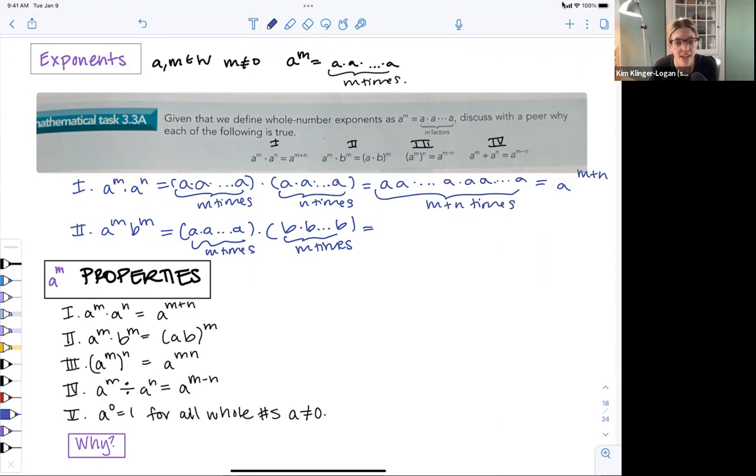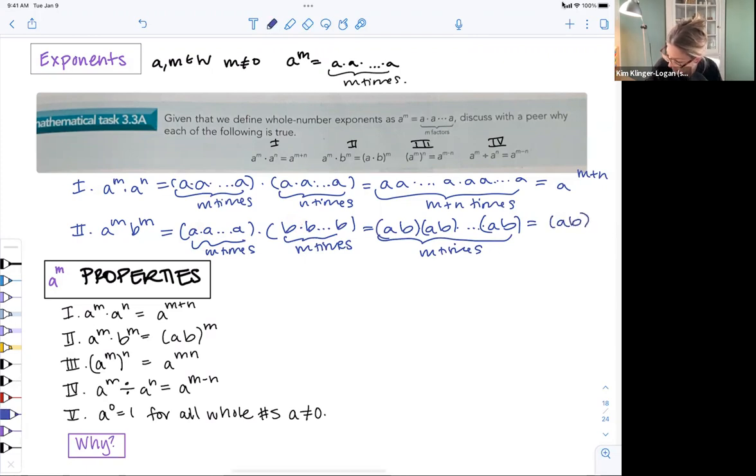And I can go ahead and change the order of all of these elements. So I could write this as AB times AB times AB a bunch of times. In fact, every single A will have a B that it's paired with, since there's M of both the A's and the B's. So I can just pair them up by moving them around, and each one of these is going to occur M times. And by definition, that means this is the same thing as A times B to the M.